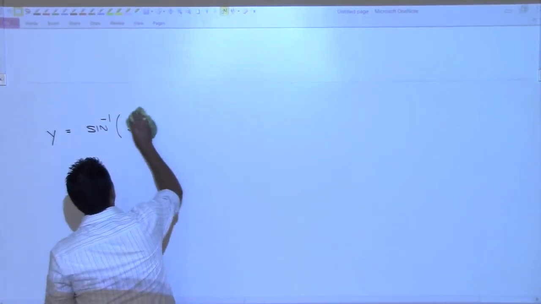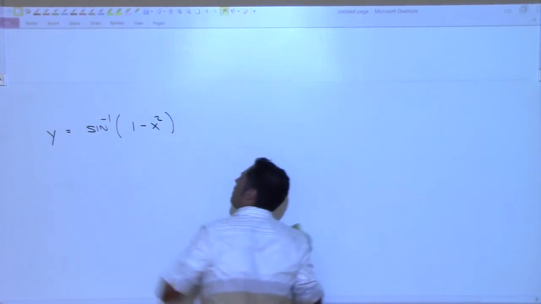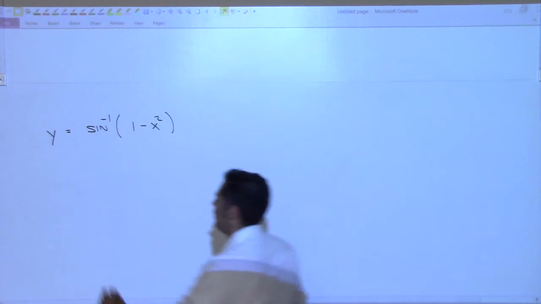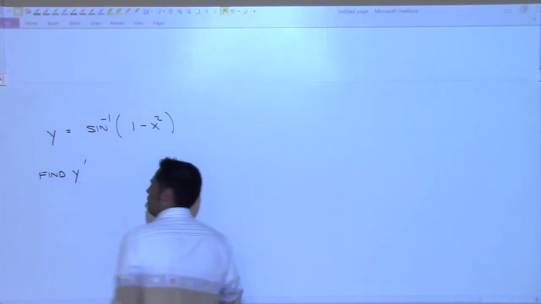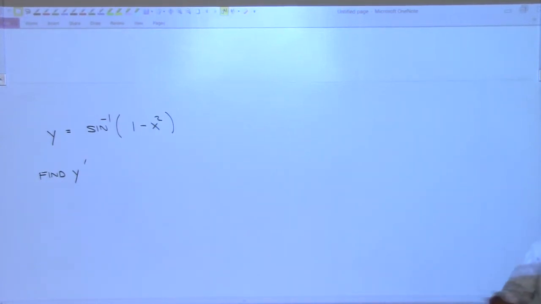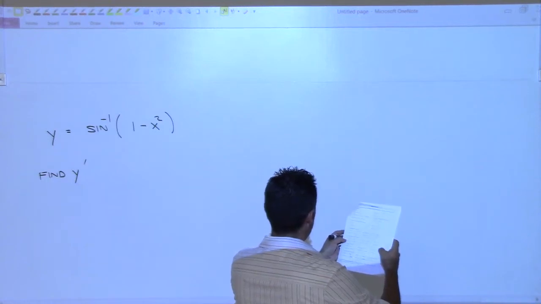I want us to find the derivative of this. On your formula sheet, who has their formula sheets handy? I'm going to look at this real quick because I want to write it the way it's written here. This is actually formula 19.